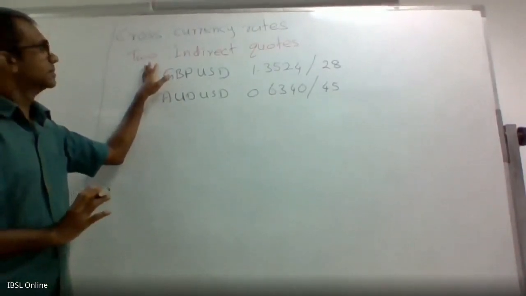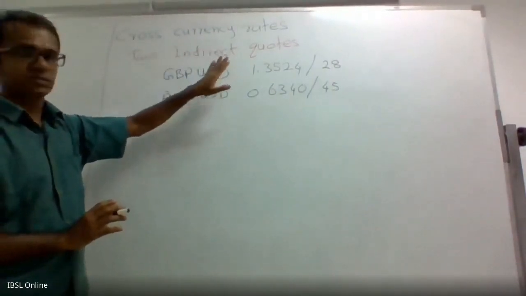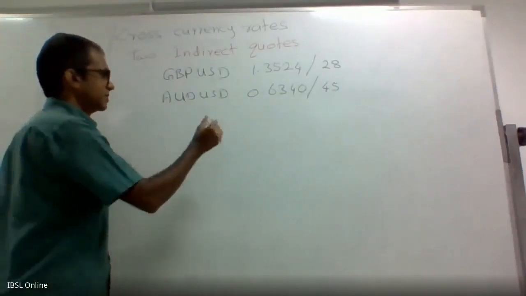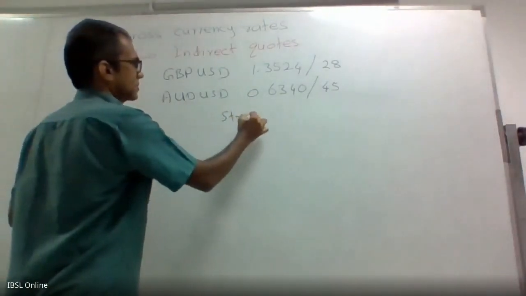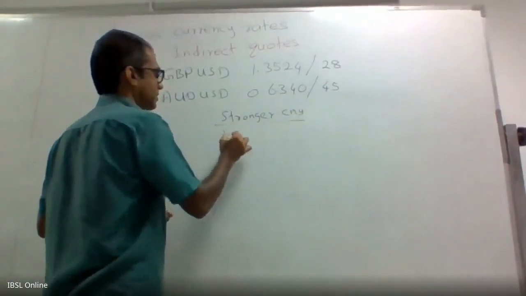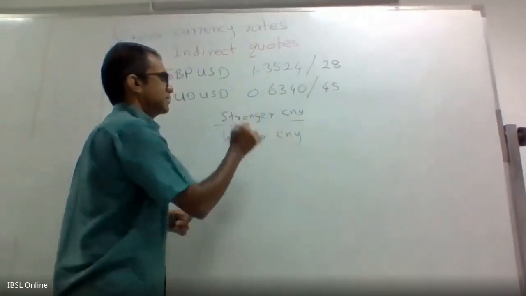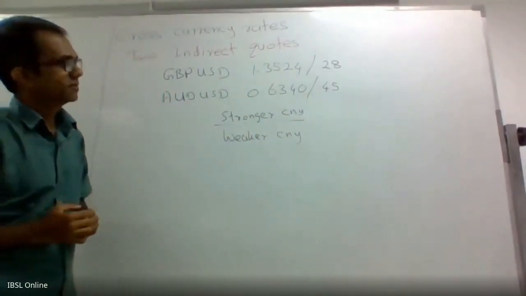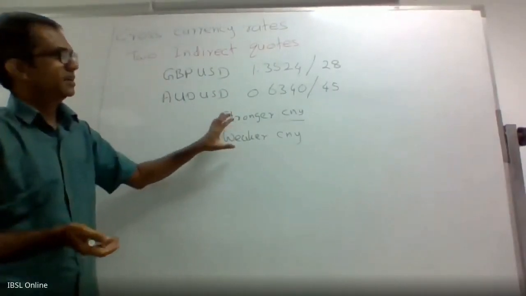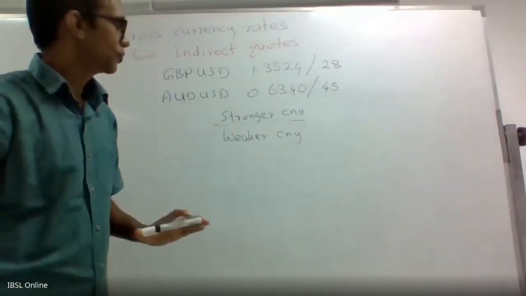In the previous case, we learned when we have two indirect quotes, still it's a division, but it's the division of stronger currency rate divided by the weaker currency. But again, we have two-way quotes now.